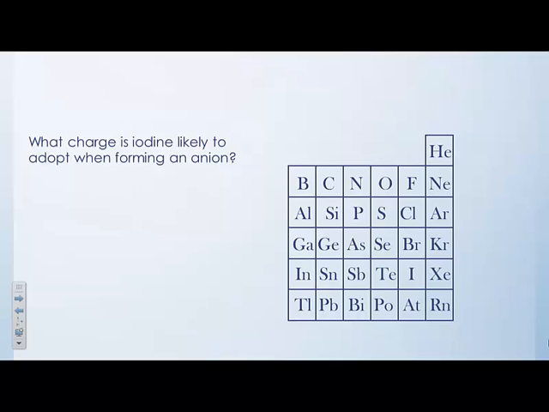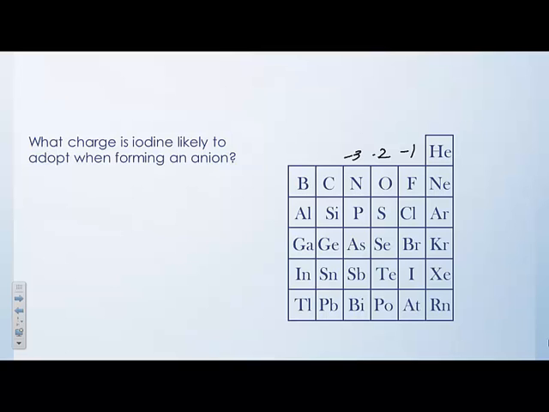Bottom line is all of your nonmetals in this group we're going to expect to form a -1. The -2 that we talked about for oxygen would also apply to sulfur. Nitrogen, of course, -3. Phosphorus as well.